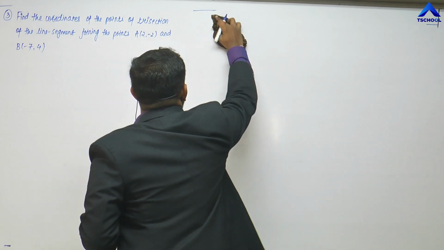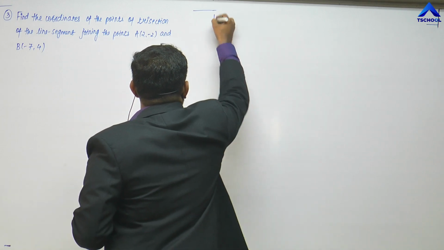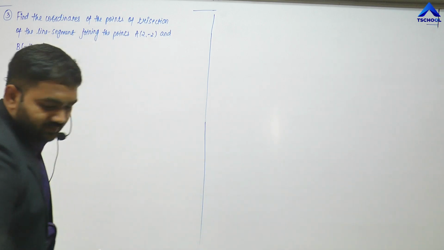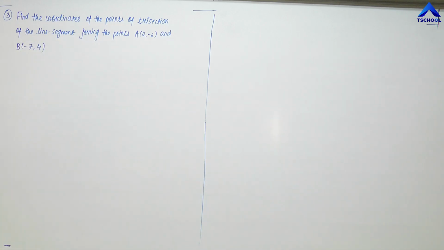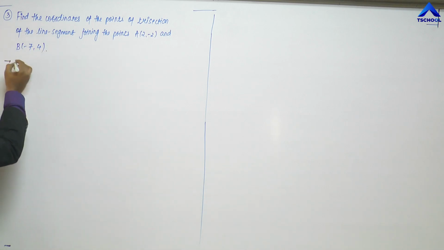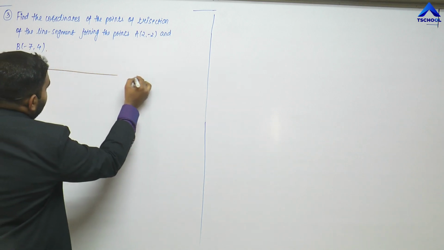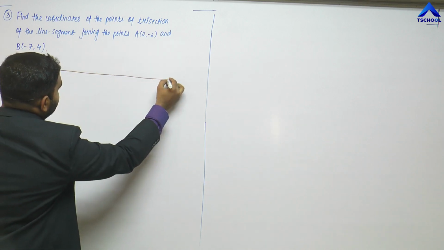What do you mean by trisection, friends? Trisection, you know, right? Tri means 3. So let us see the solution here. Let me draw a line segment that shows A and B as its endpoints.